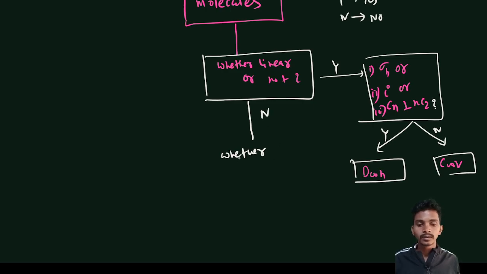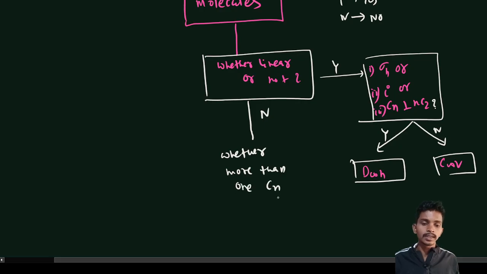Whether there is more than one Cn axis. Here more than one Cn axis means Cn is there with Cn minus 1.